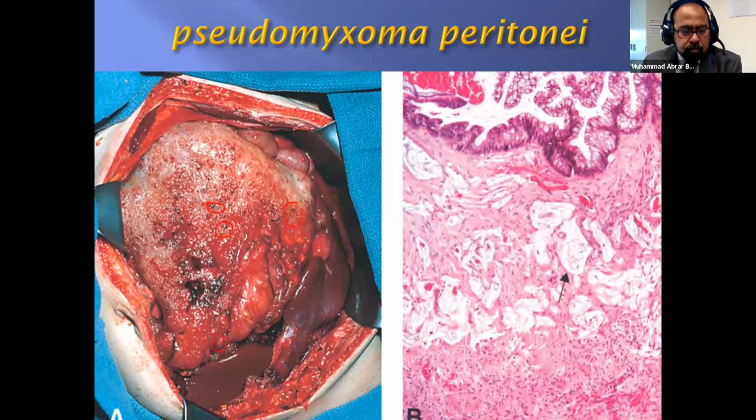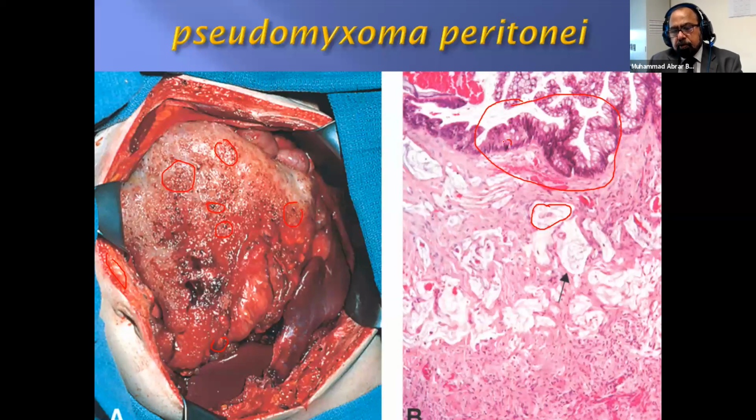You see, this is called the omentum. The whole omentum is deposited with these small nodules, and when you take a section, you see a large amount of mucinous pool. Plus, you can also see this lining epithelium. These are mucin-secreting cells, and the nuclei are large, hyperchromatic, with pleomorphism. You can also see mitotic figures, right?